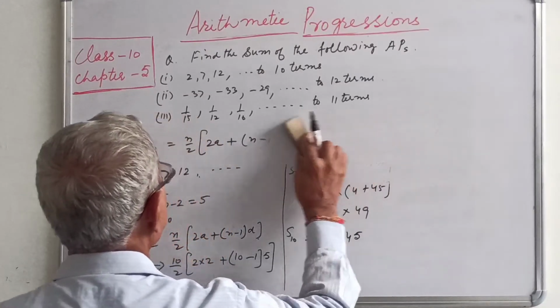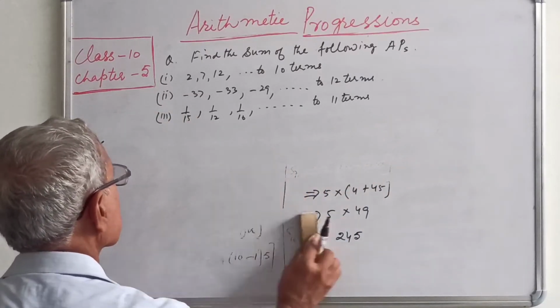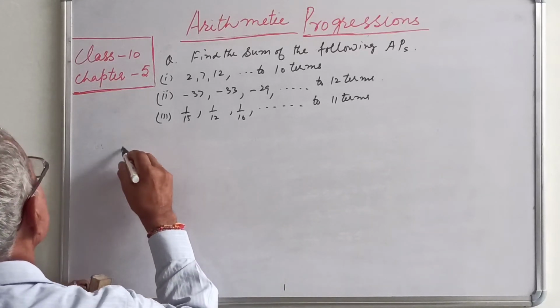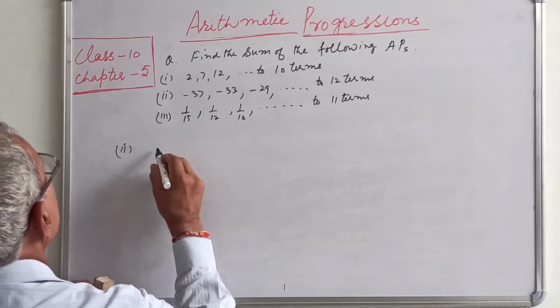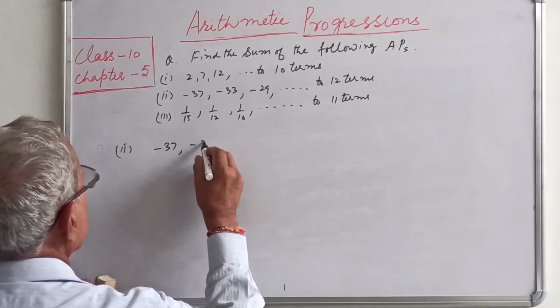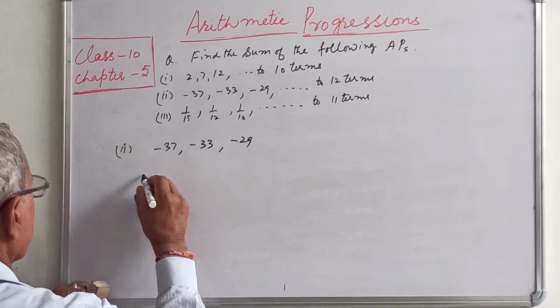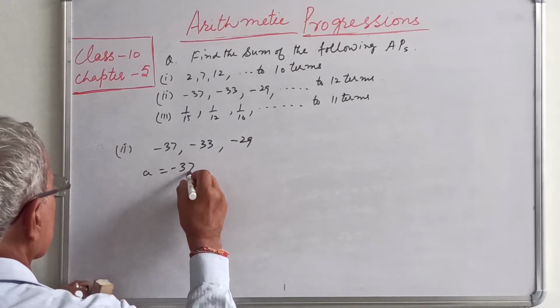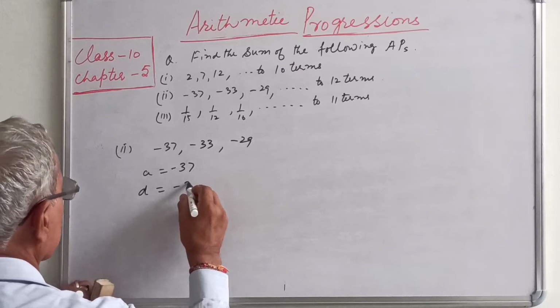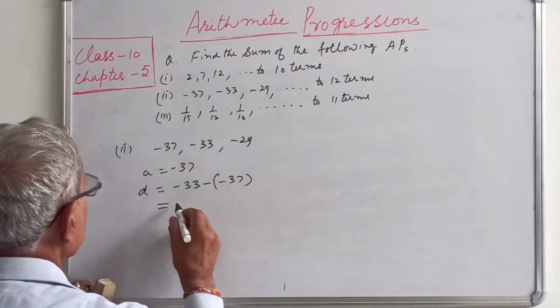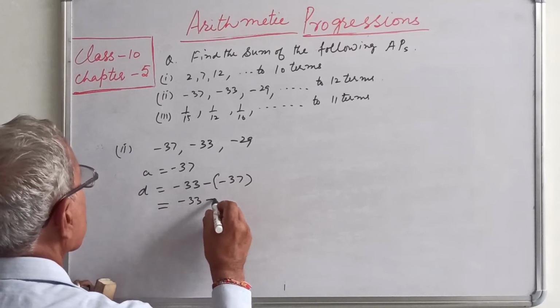Next part. Minus 37, minus 33, minus 29. So A here is minus 37. D will be minus 33 minus minus 37. So minus 33 plus 37.